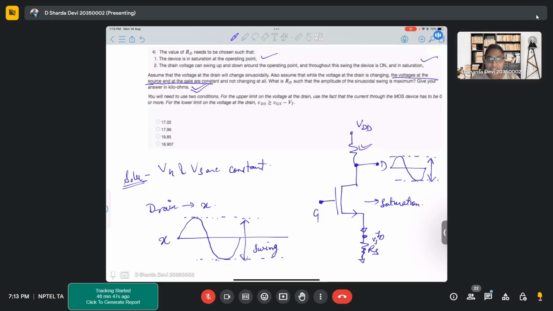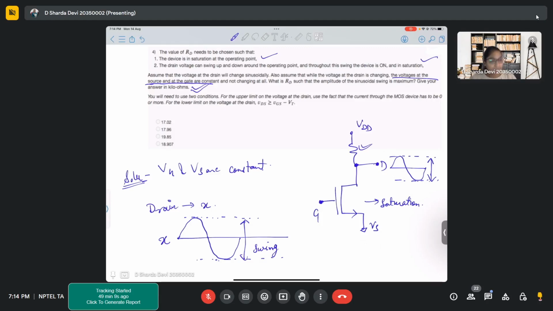Because the current is also changing. Yes, ma'am. But here it is mentioned that consider that VS is constant. So how would you consider that VS is constant unless it is connected to ground, which is a fixed voltage? So that's why we are considering that there is no RS and it's only VS, right?